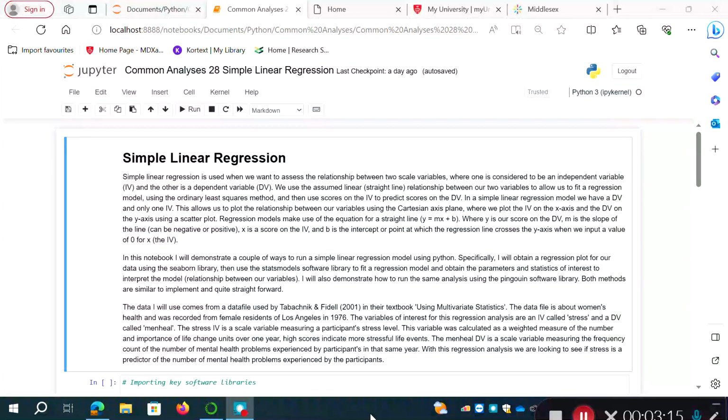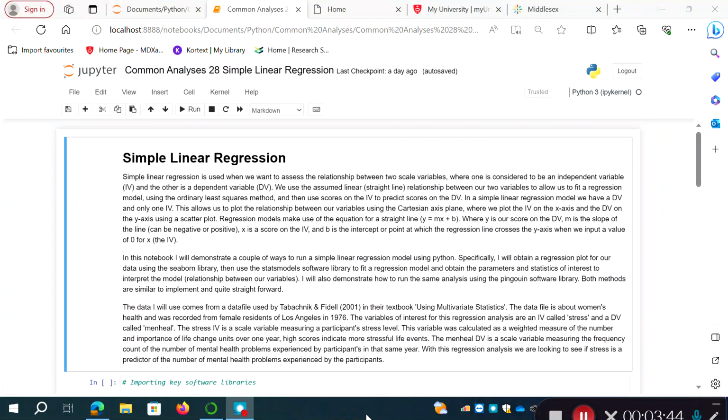So we'll create a scatter plot and fit a regression line to it using Seaborn, and then use the statsmodels software library to fit a regression model and obtain the parameters and statistics that are of interest to interpret the model, so we can understand what the relationship between our IV and DV is, if there is one. I'll also demonstrate how to run the same analysis using the Pingouin software library. Both methods are really similar to implement, and they're quite straightforward, essentially.